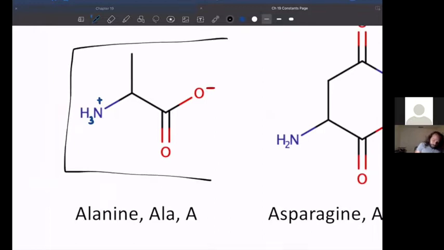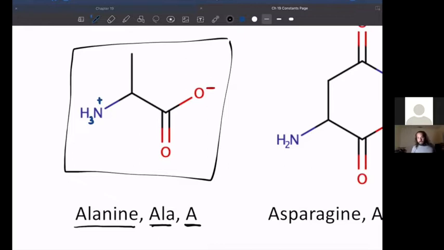The first being the structure. Okay, the second being the name. So this would be alanine. And then each amino acid has 2 different abbreviations that are used. The 3-letter abbreviation, which for alanine would be ALA, and the single letter abbreviation A. Okay. For some of these, it's pretty straightforward.